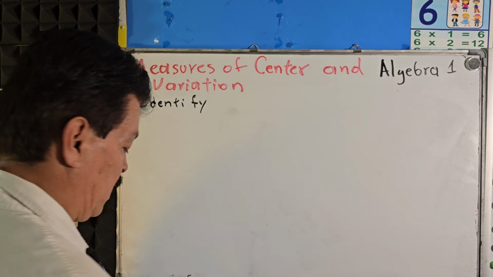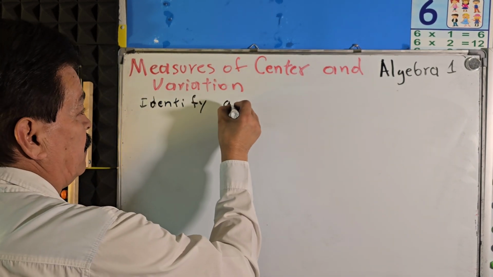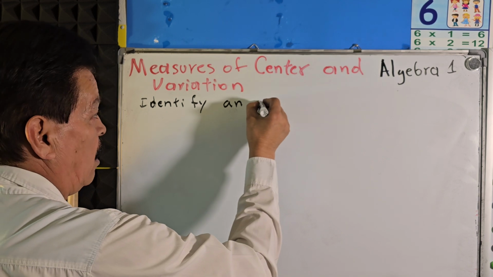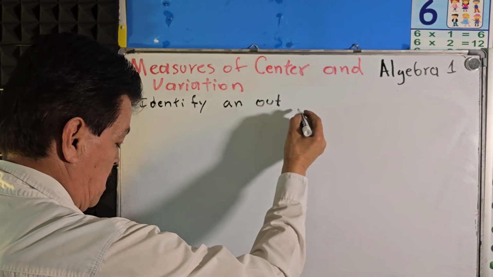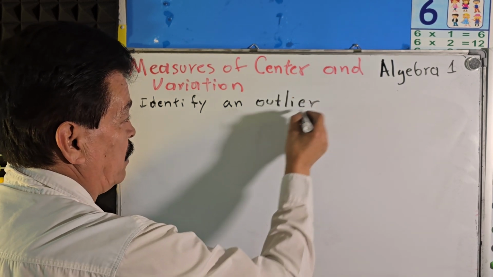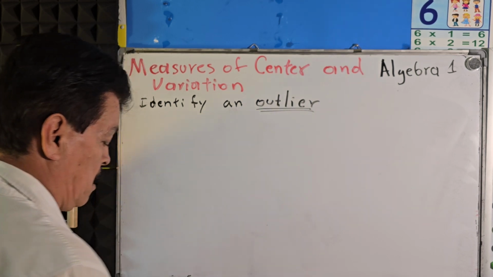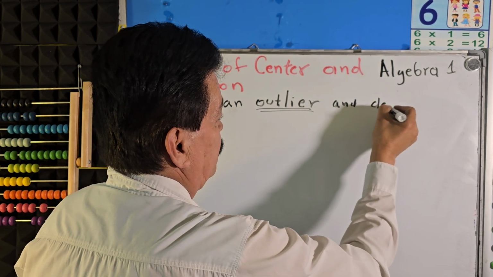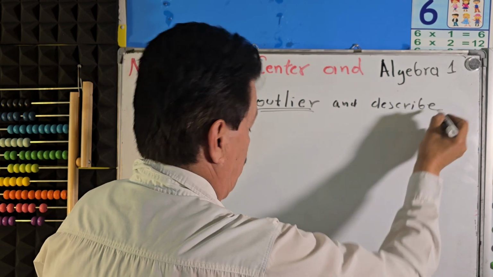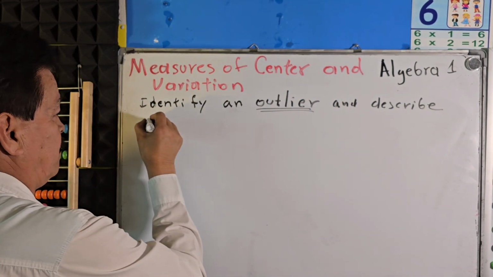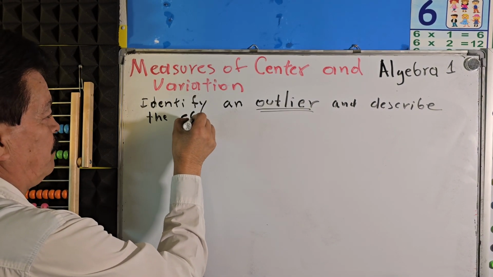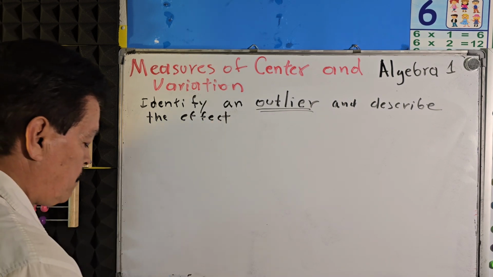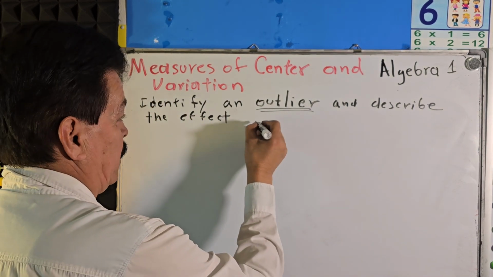We have to be able to identify an outlier and describe the effect of removing it.